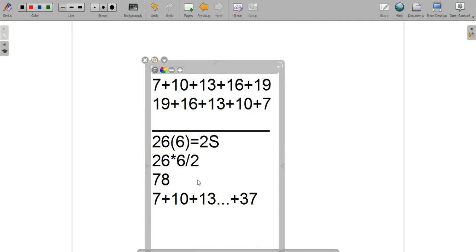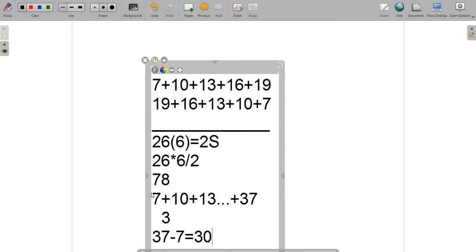Well, there's an easy way to actually get this. First, you gotta know what the change is. 3. And you gotta know the distance between that first number and that last number. In this case, it's 37 minus 7. What's their distance? 30. This number is important as well because you need 30 to get to 37.